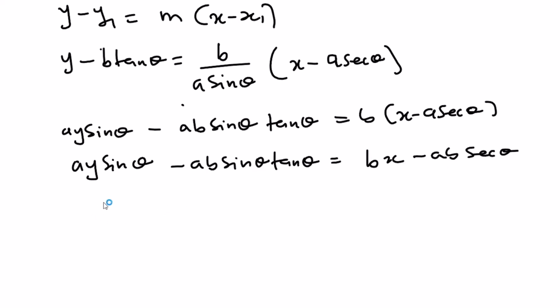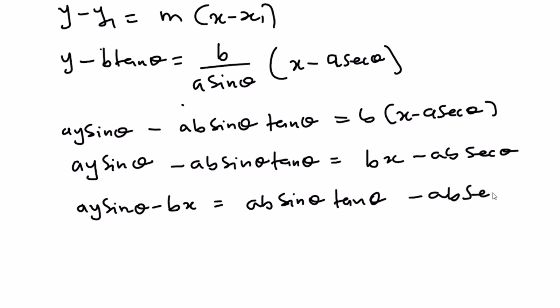Alright, so this ab and ab, let's group them. So now we have ay sine theta minus bx equal to ab sine theta tan theta minus ab sec theta.